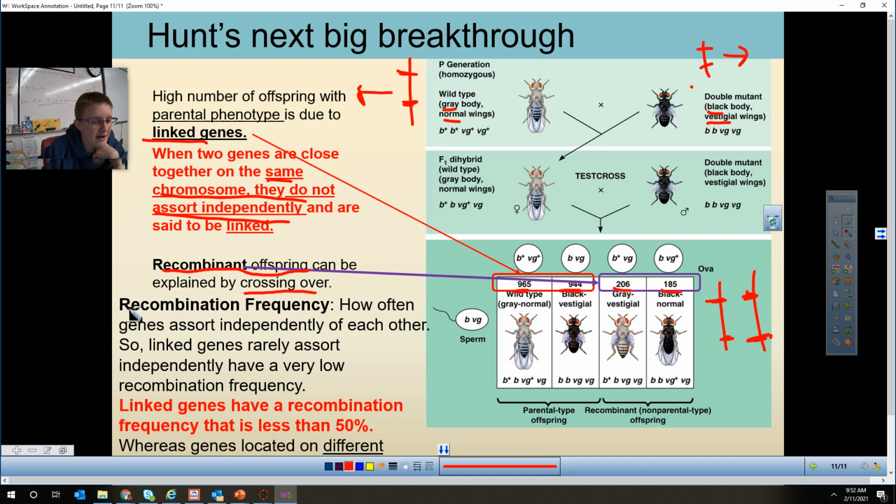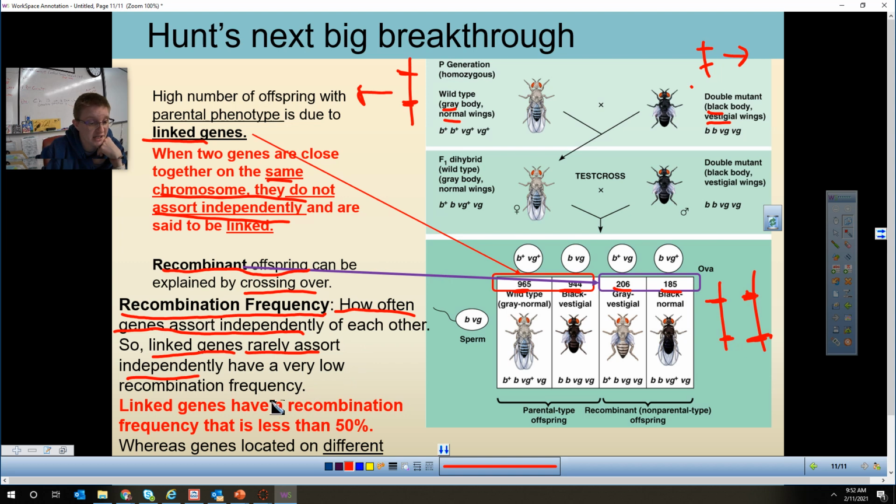And so he figured out how to calculate a recombination frequency, which is how often genes are able to assort independently. Okay? And so linked genes rarely assort independently, right? Because they're linked on the same chromosome. The only way they would assort independently is if there was a crossing over. And crossing over is rare.